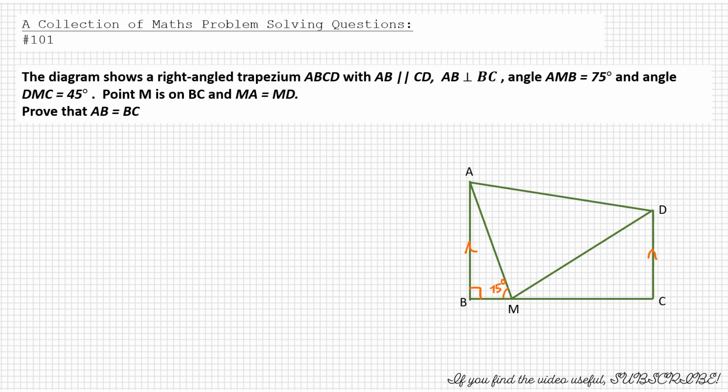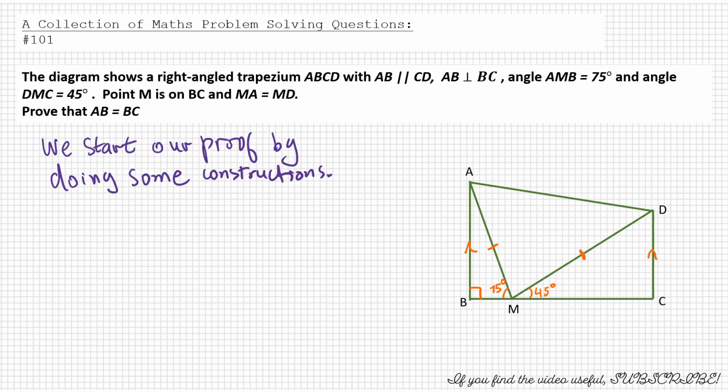Angle AMB is 75 degrees, angle DMC is 45 degrees, and point M is on BC. It means BMC is a straight line, or angle BMC is 180 degrees. And we have been given MA equals MD.